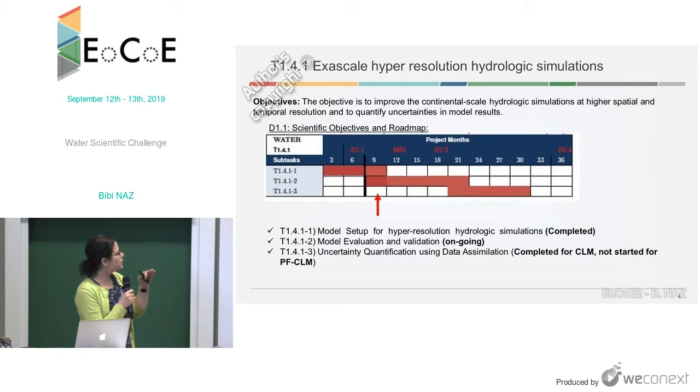This task has 3 subtasks: we wanted to set up the model over Europe, then do the model evaluation and validation with observational data or measurements, and do the uncertainty quantification by using the data assimilation approach.